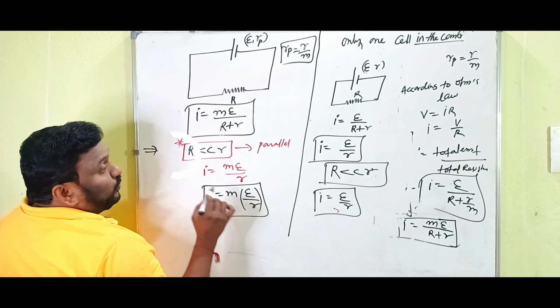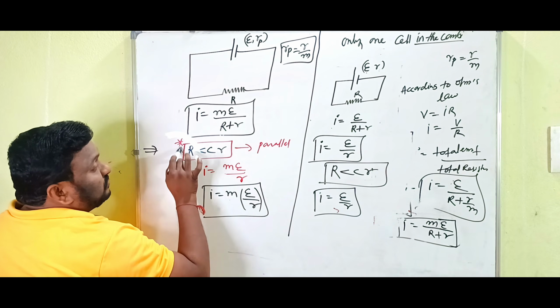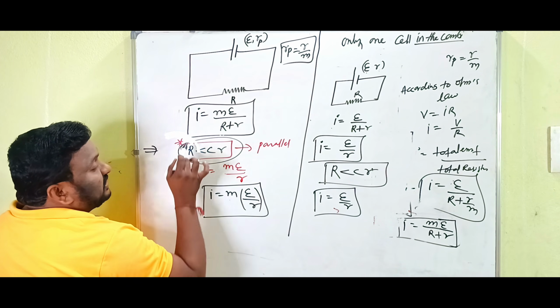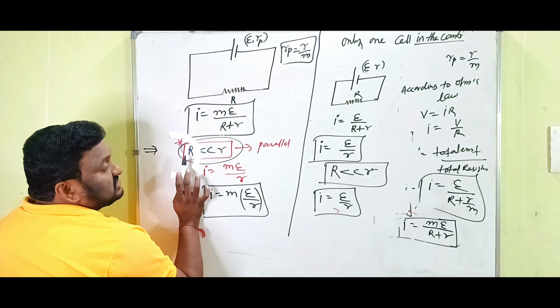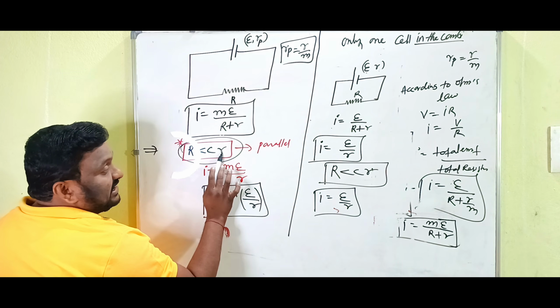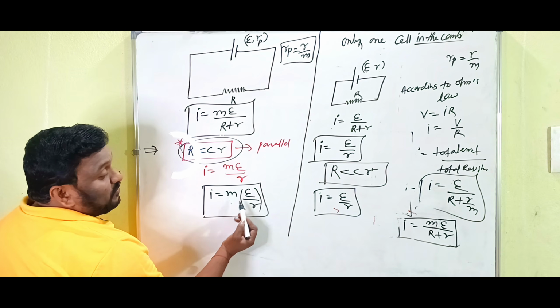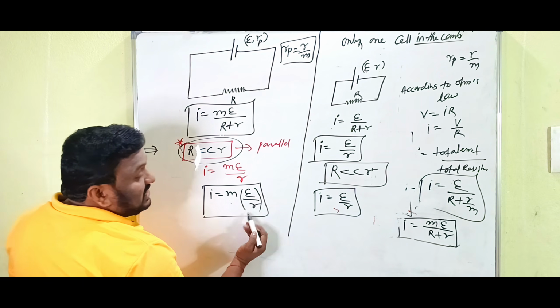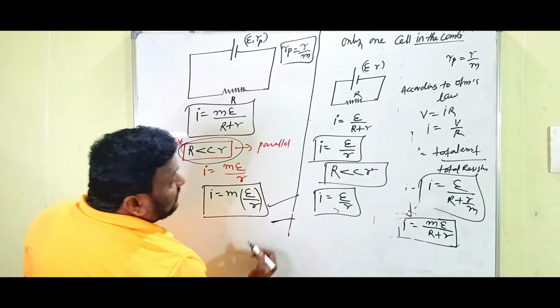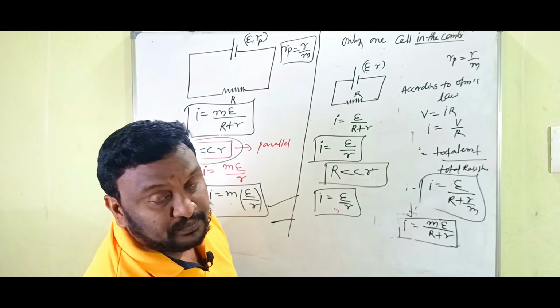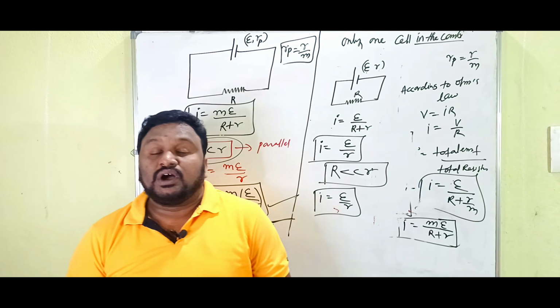So when can we use the parallel combination? When the external resistance is much less than the internal resistance, the current is increased to m times the current through a single cell, children. This is a very important topic you have to remember. Got it, children? I hope you understand.